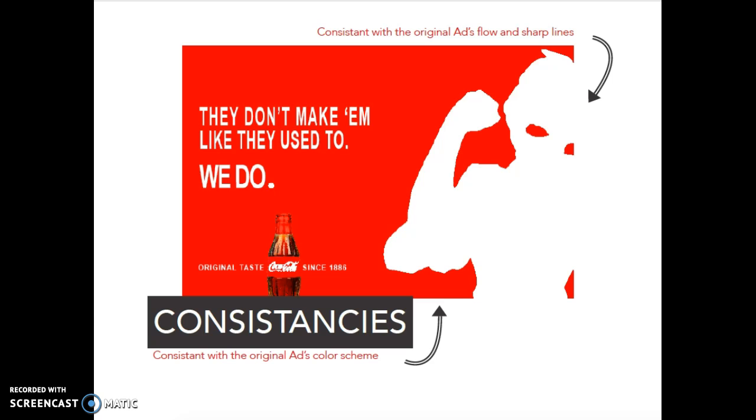Then we have our sans serif fonts on the top with the big bold, and on the bottom we're able to describe original taste since 1886. We're able to describe the antique feel. It's been there forever. We've always been there for you. So the consistency was with that.